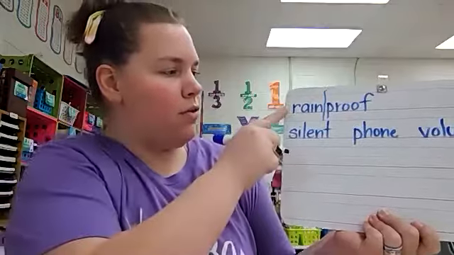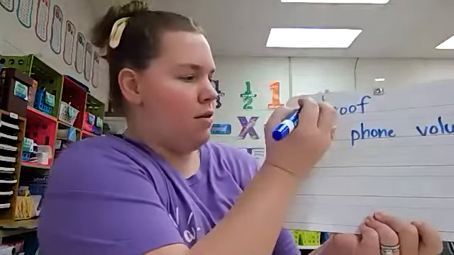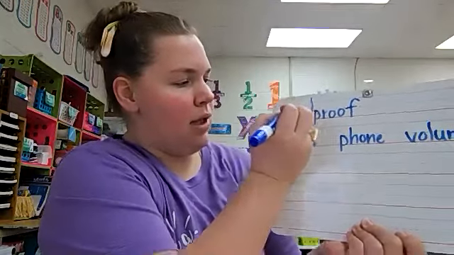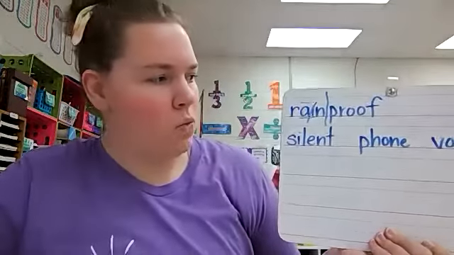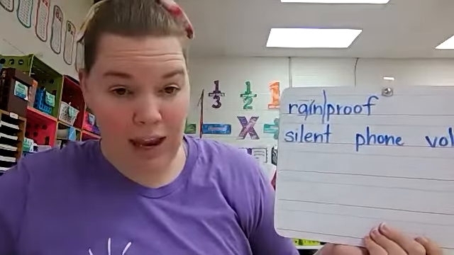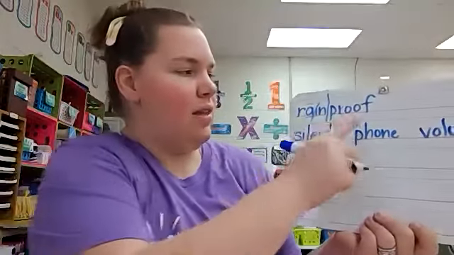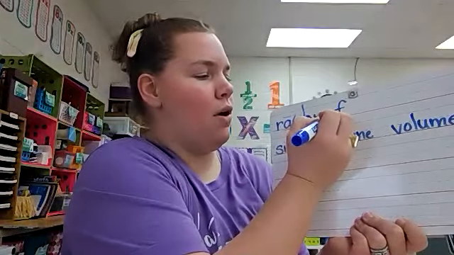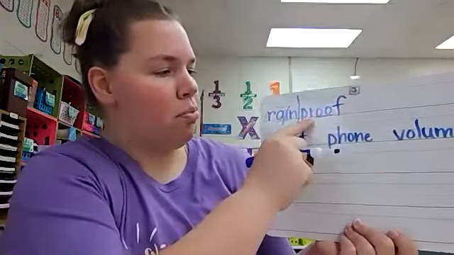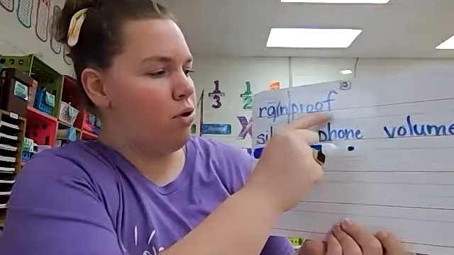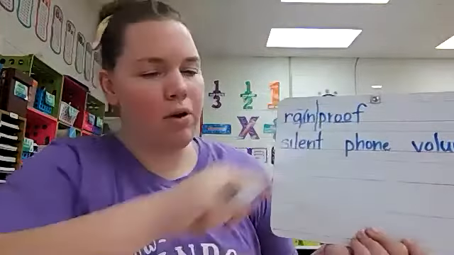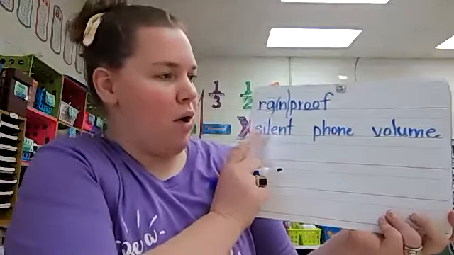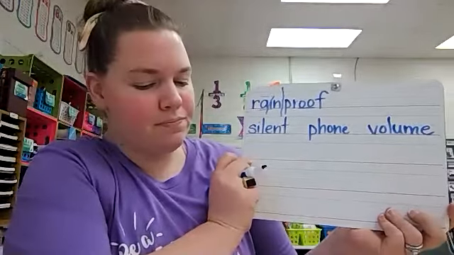So let's look at the first word. We have digraph AI. The I is silent and the A makes its sound. Rain. And then for the second word, we have digraph OO. Proof. Rainproof. And let's move on to our phrase.